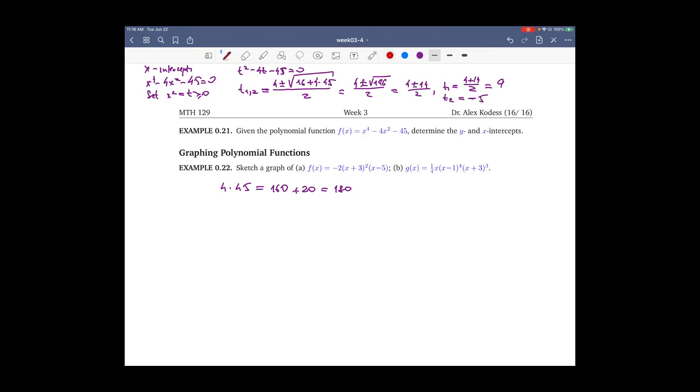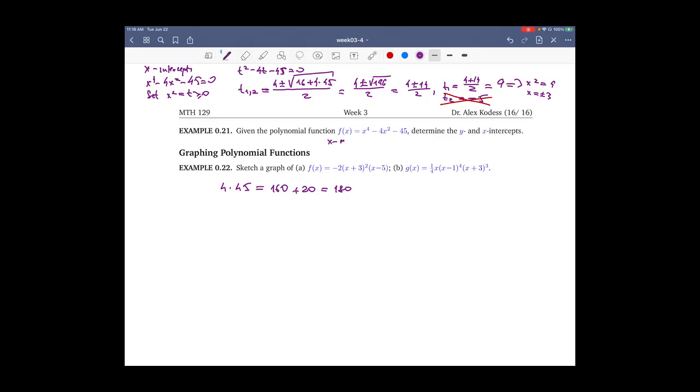The root negative 5 we should ignore because we're only looking for roots that are non-negative. And when t is 9, x squared is 9, so x is plus minus 3.